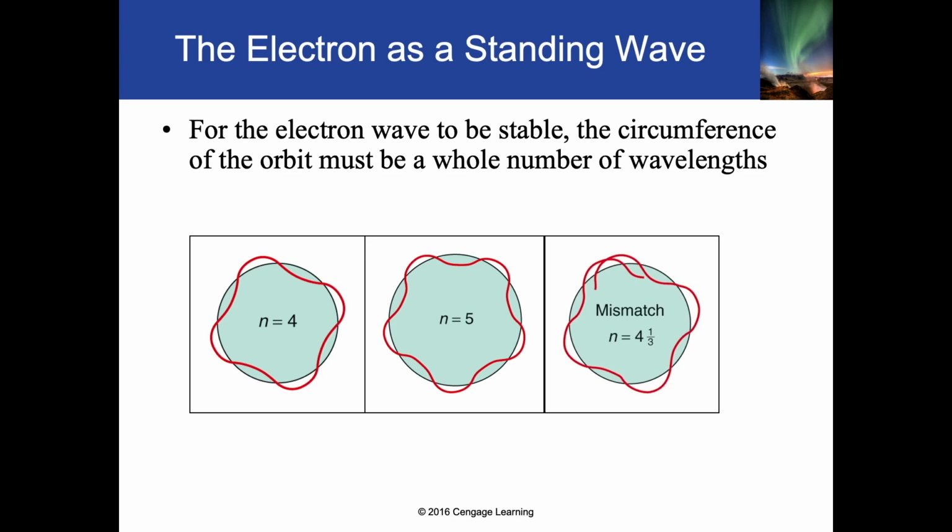Schrodinger figured out that these numbers, n equals 1, 2, 3, 4, 5, 6, and so on, had to be whole numbers. If you had an n equal to something like 1/3, it makes a weird wave shape that doesn't complete itself, so you can't have an orbit that is a fractional number.